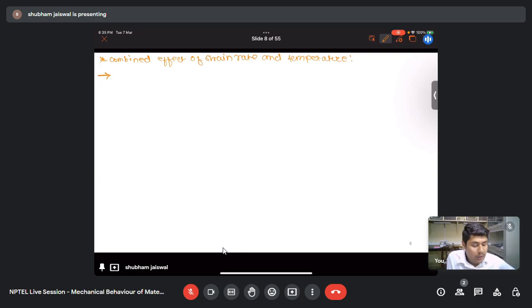The decrease in temperature has the same effect as an increase in the strain rate, and it is given by the equation that is strain rate, also known as creep rate, equal to A exponential minus Q upon RT. So here in this equation, A is exclusively a function of flow stress. And here Q is nothing but the activation energy for plastic strain.